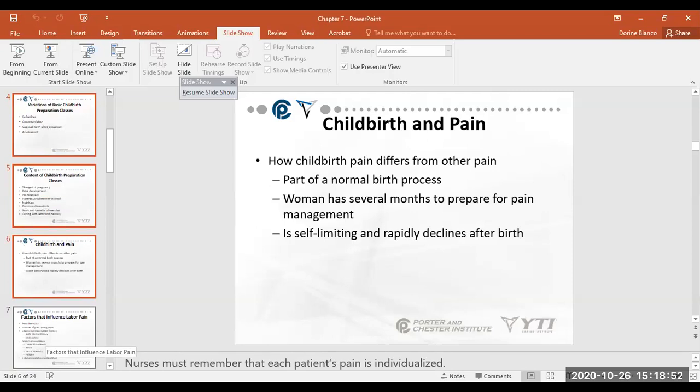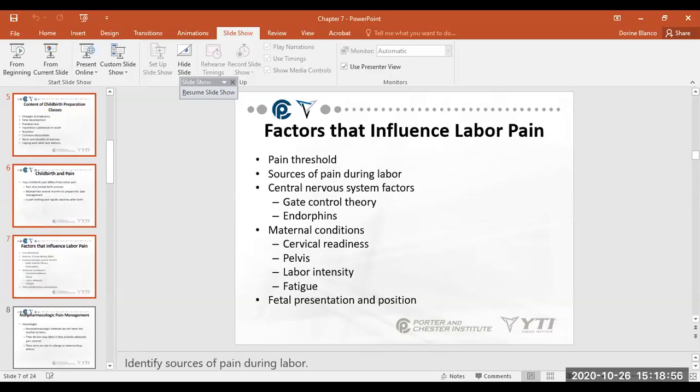Okay, so factors that influence labor pain. You have the pain threshold, also called pain perception, which is the least amount of sensation that a person perceives as painful. And then you have the pain tolerance, which is the amount of pain one is willing to tolerate or endure.